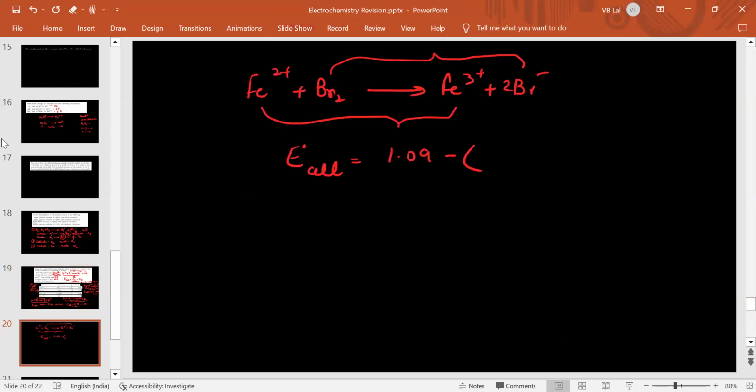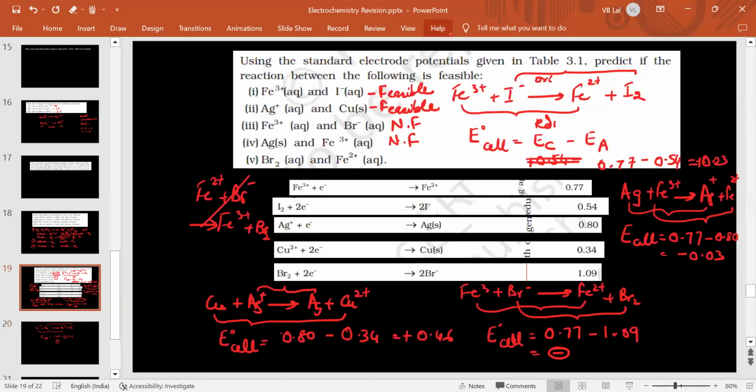Oh, I wrote it again. So this is reduction and this is oxidation. So E cathode minus E anode, so minus 0.77. Okay, so this also should be a positive answer, and so this is also feasible. The last cell is also feasible.